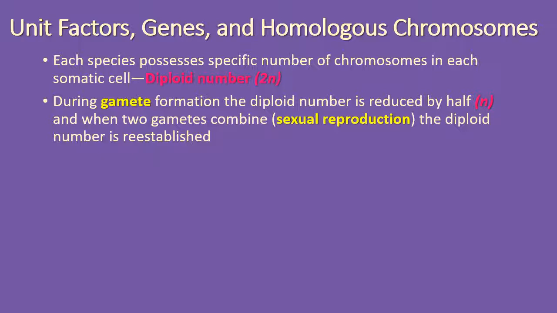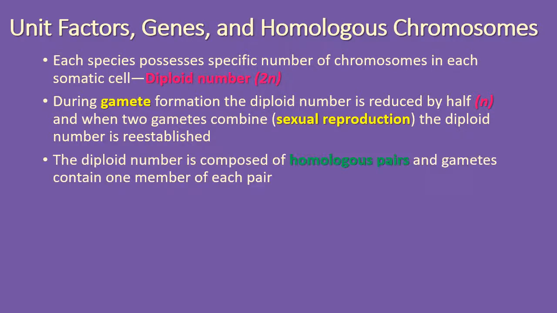And during gamete formation, that diploid number is reduced by half, so that we produce these haploid gametes that then combine through sexual reproduction to produce the diploid cell again.